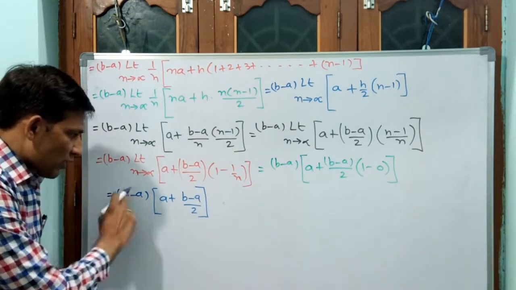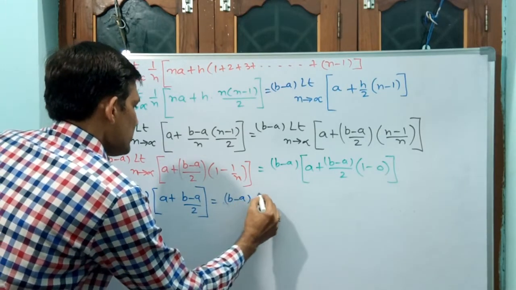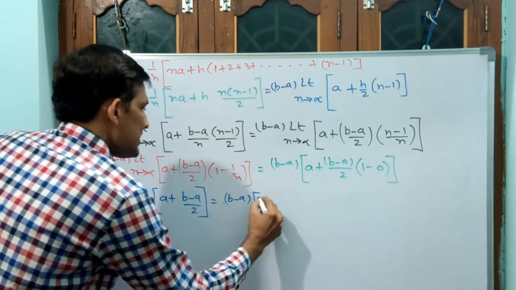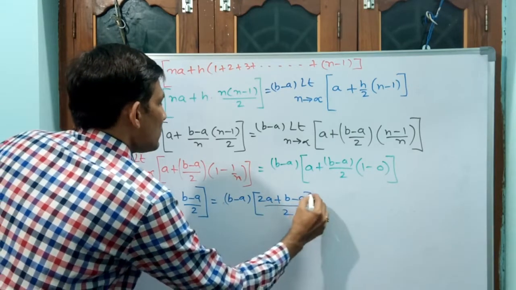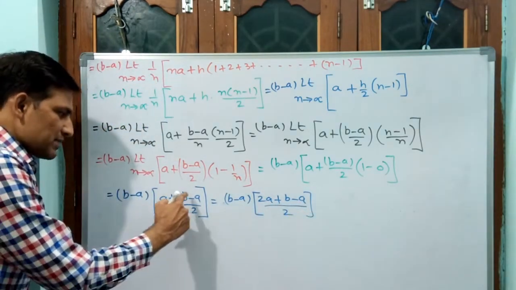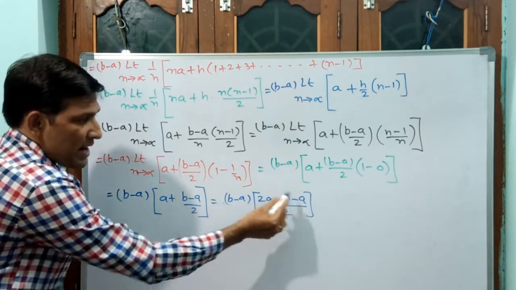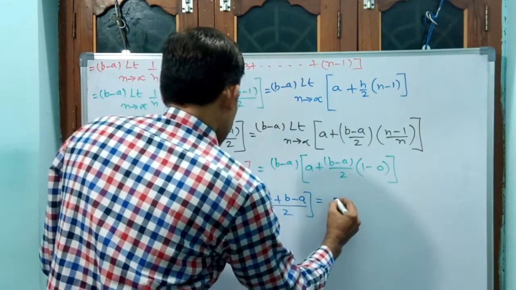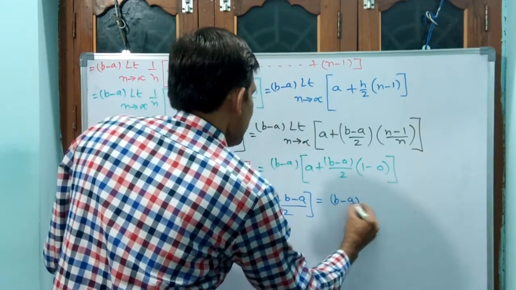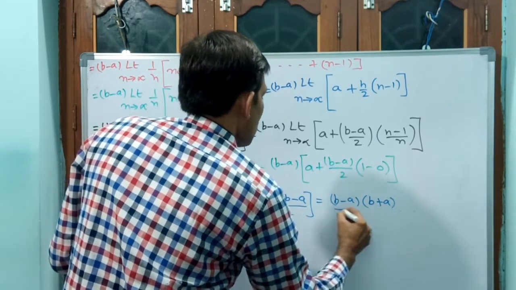Now you cross multiply: b minus a into 2a plus b minus a, whole divided by 2. Now 2a minus a, so b minus a into b plus a, whole divided by 2.